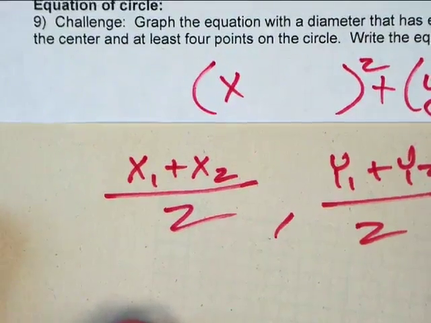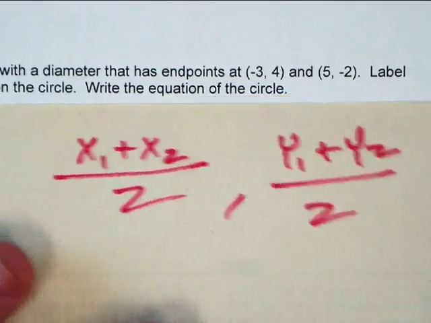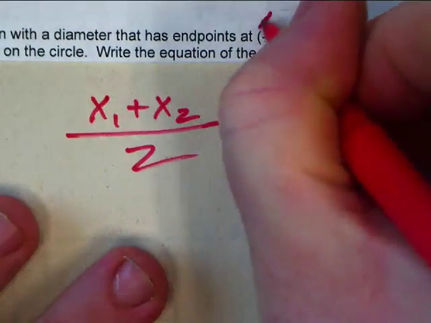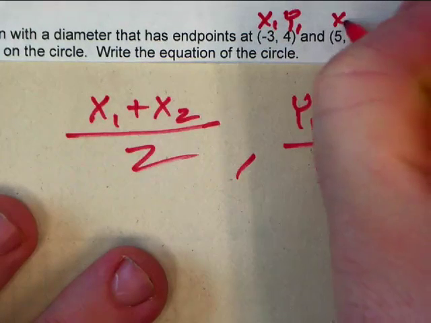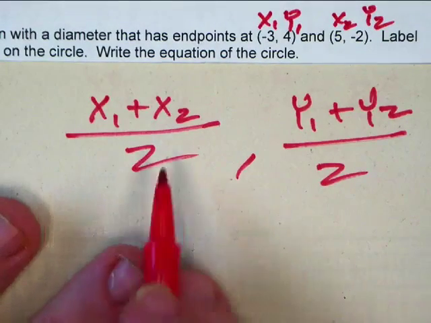If we look back at our 2 points, we see that we have -3, 4, and 5, 2. So this would be our x1, y1. This is our x2, y2. Now let's just plug them in.